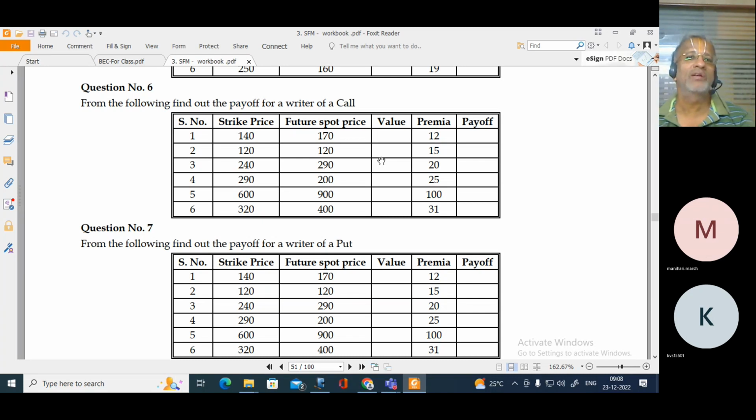It is singular. It is not married to positive or negative.